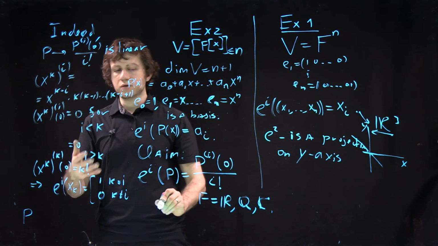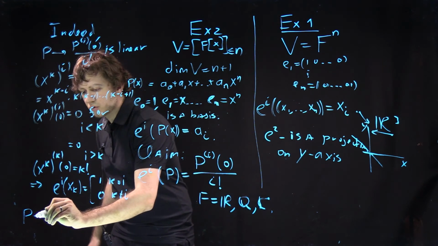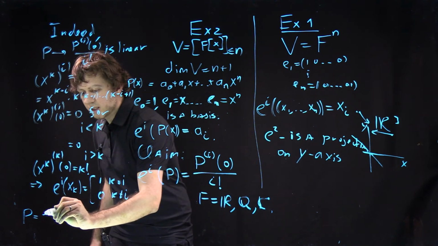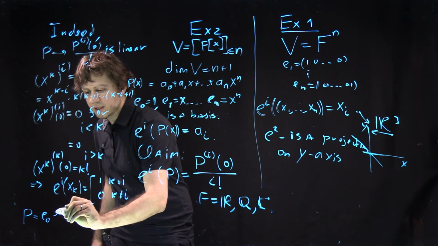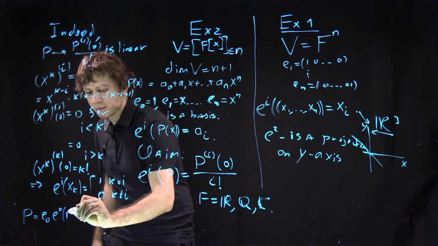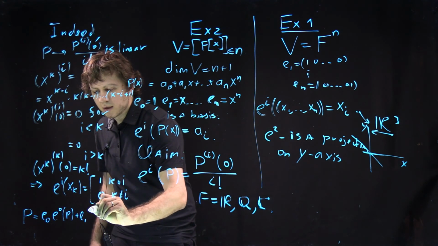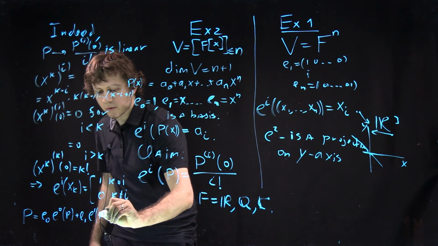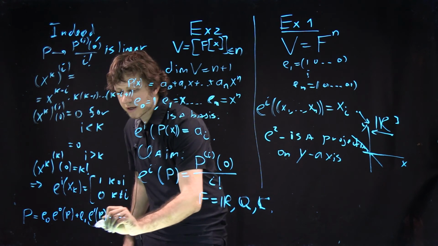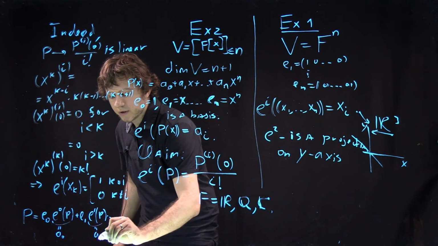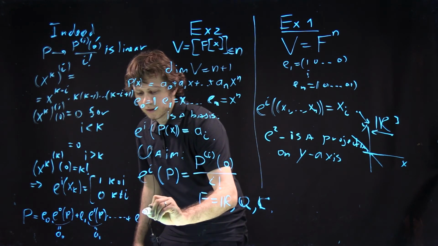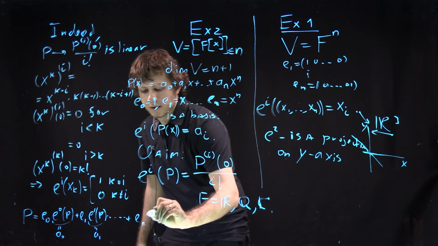Of course, we know that a polynomial should be equal to e0 of our polynomial plus e1 of our polynomial, plus and so on. So these are coefficients now. This is kind of our a0, a1, and so on, plus en of our polynomial.